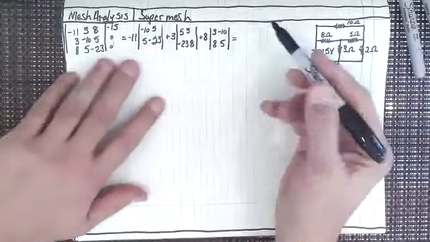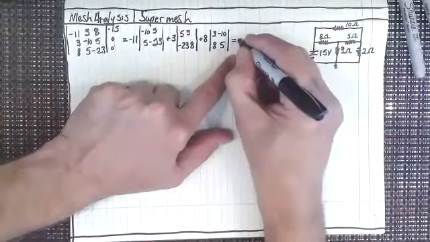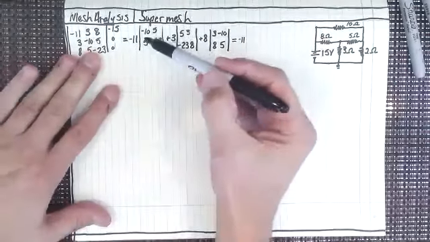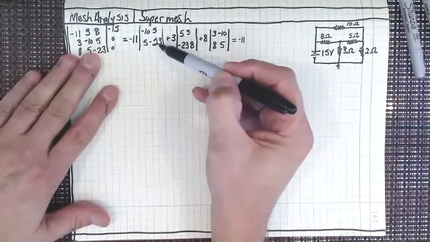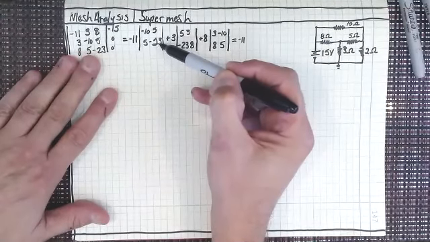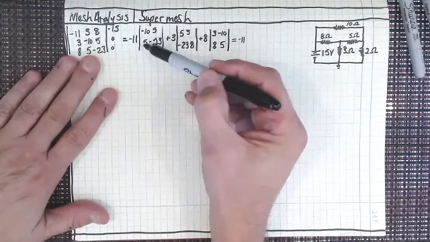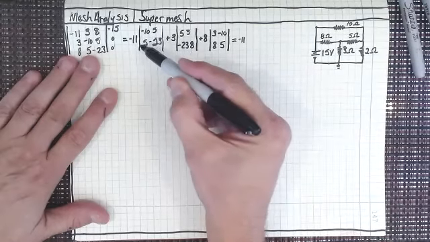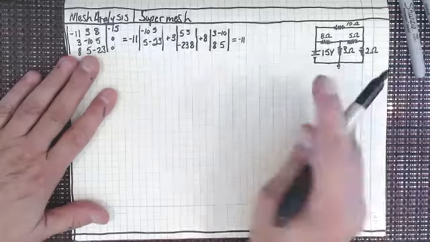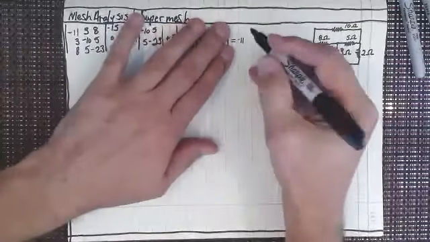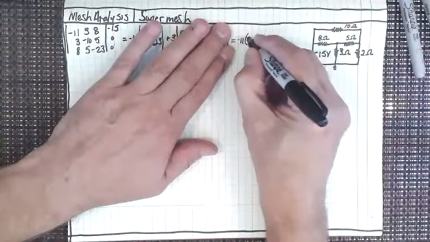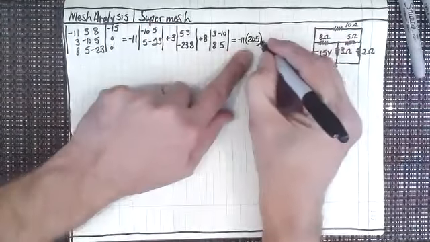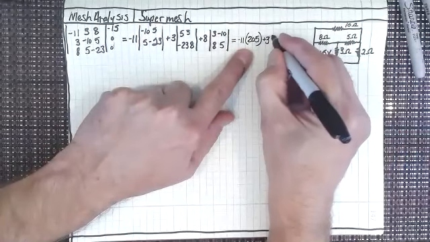So let's just do this. It'll give us a little experience working with this anyway. So this is going to be 11. Now I've got minus 10 times minus 23, which gives me positive 230 minus 25. So 230 minus 25, so that would be 205. Does everybody see that? Plus 3.